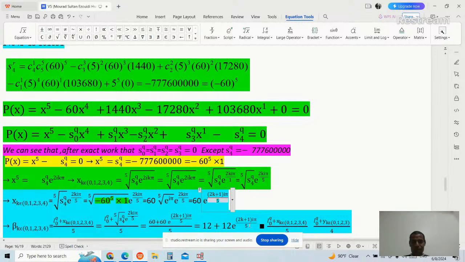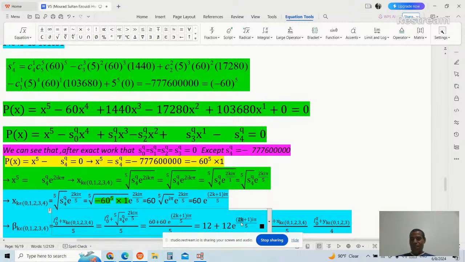Look, learners, if k equals 2, it will be 2 times 2, 4 plus 1 is 5, divided by 5 is 1, times i pi, means exponential i pi is minus 1 multiplied by 12, so 12 minus 12 equals 0, means this is the first root of this polynomial. It's clear it is 0.